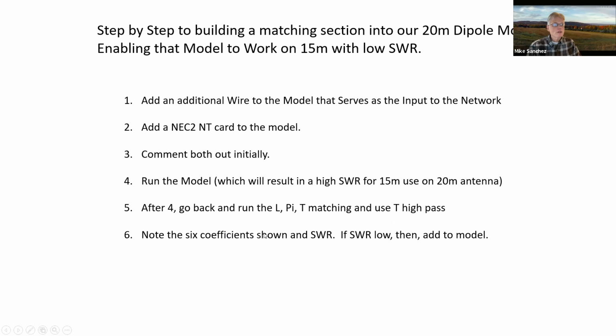Then note the 6 coefficients that are shown automatically, automagically in this case, and see if the SWR is low after you rerun, because you can use the matching section in the model before you implement it and see if it's going to work, as I'll show you. If it works, then you can add it to the model and it will be a permanent part of your model and you'll know all of the parameters associated with the model that you have to implement.